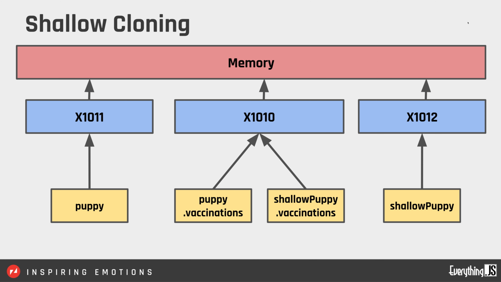We didn't go deep and copy all the properties in nested levels and create different properties in memory when we use Object.assign. So this is what's going to happen in Object.assign. You all got the idea, right?